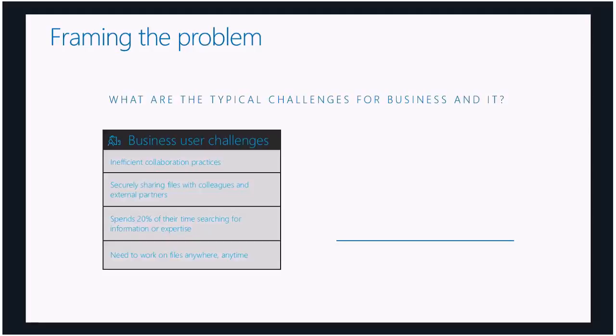They need to work on a document, share it with colleagues, and also share it with customers, so they want a place to share these files. Also, there is too much information in organizations, so business users might spend a lot of time finding and searching for the relevant information they want.